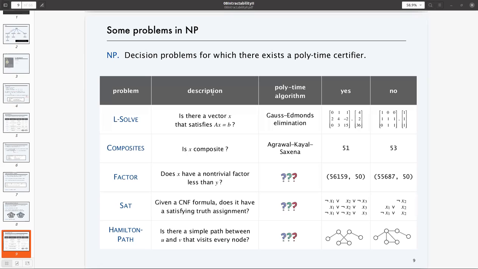If you look at the AKS algorithm, you know what the certificate will be. It is something like a to the power n modulo something, like Fermat's little theorem.